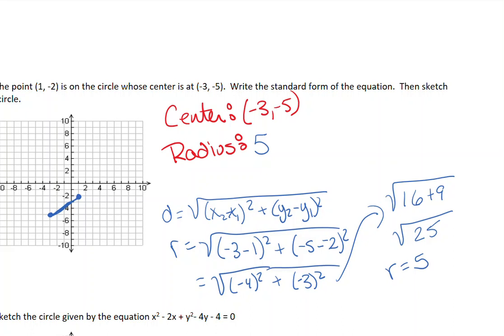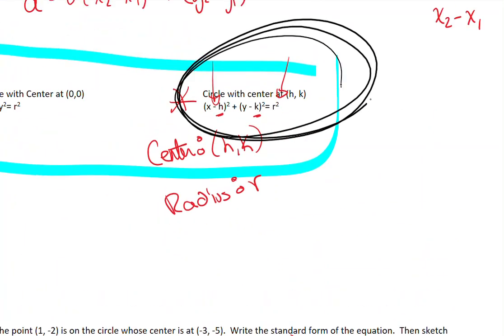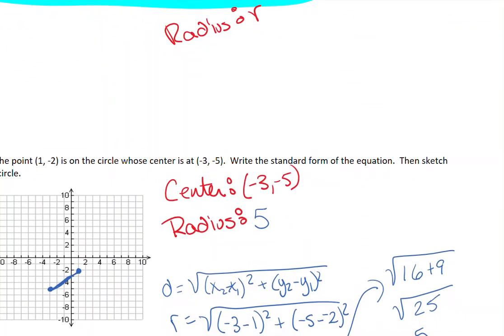All you're going to do is take what we saw right here, just like y equals mx plus b, and we plug it in. So I'm going to have a binomial squared, a binomial squared. I'll have an x, I'll have a y. And this is my x coordinate right here.